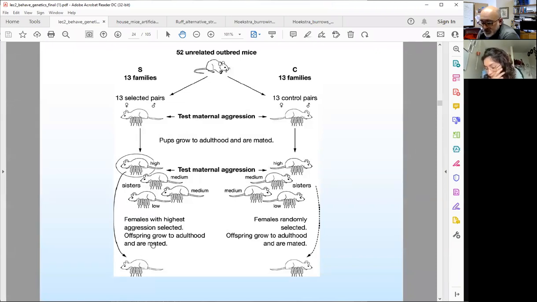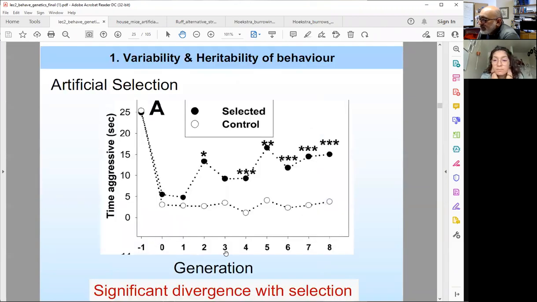This perpetuates a line of mice that, presumably, if it's a heritable trait, you're going to see an increase in this maternal aggression behavior in this particular line of mice. And that's what happens. So for the selected mice, this is the number of generations from 0 to 8.